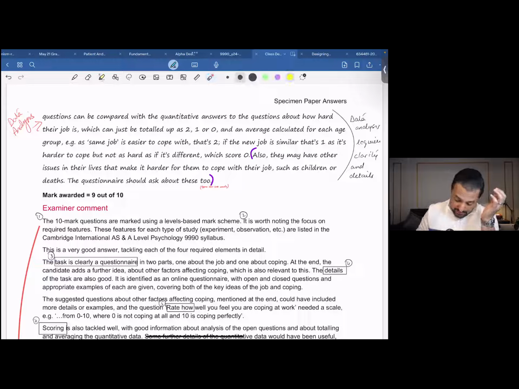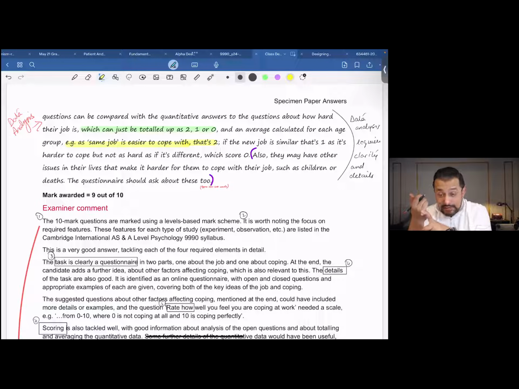So the scoring part again, and an average calculated for each year group. For example, if the same job is easier to cope with, that's 2. If the new job is similar, that's 1, as it's harder to cope, but not as hard as if it's different, which scores 0.